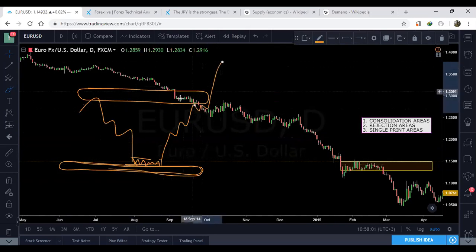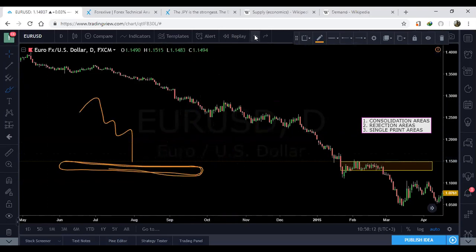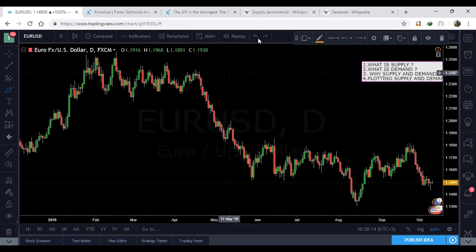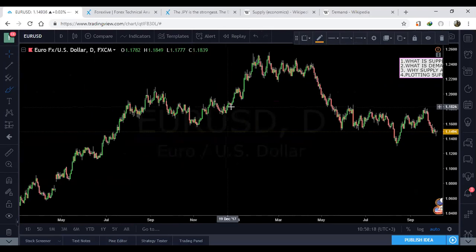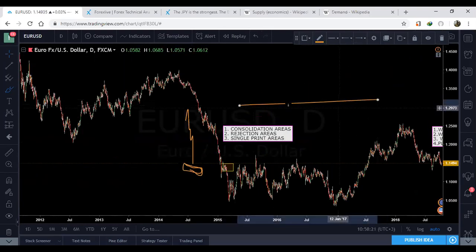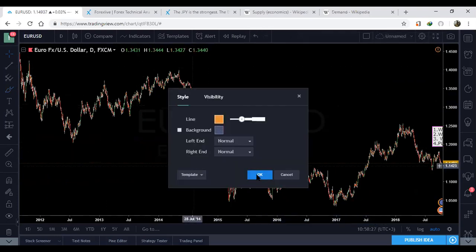But if there is more supply, price is going to go back lower again, and vice versa. So simple like that. So now we see that price has been descending for a while.